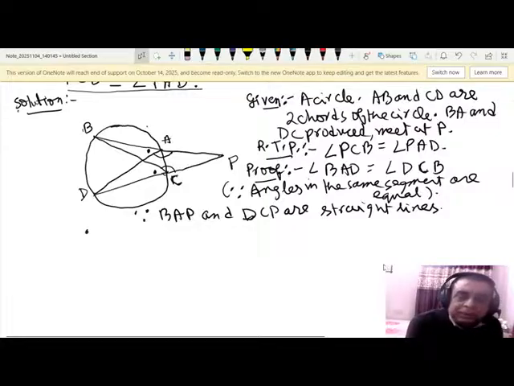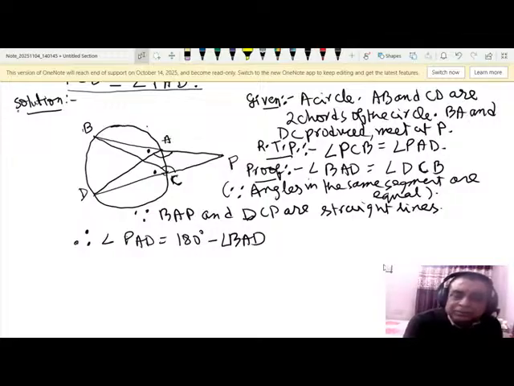So therefore angle PAD value is equal to 180 degrees minus angle BAD. The reason is linear pair.